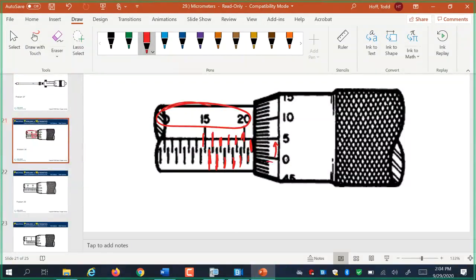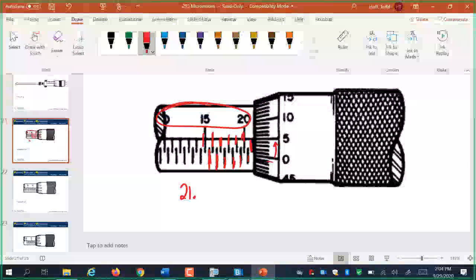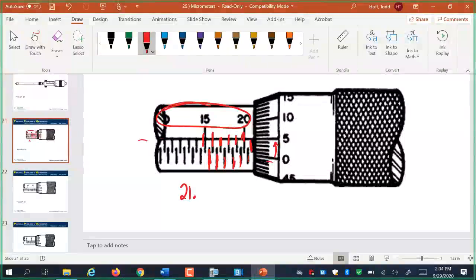Yeah, we just passed the 21. So then what on the thimble lines up with our axis? 5, right on the 5. Now that is hundredths of a millimeter, so that is 0.05. 21.05 millimeters.